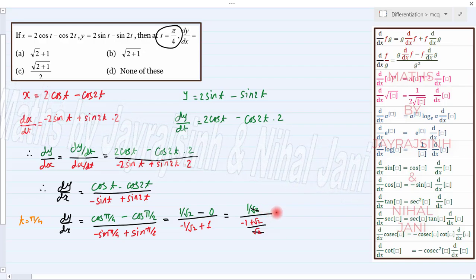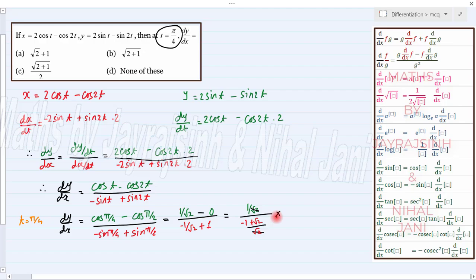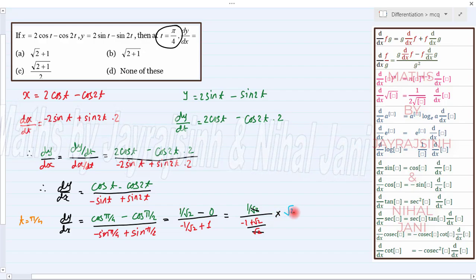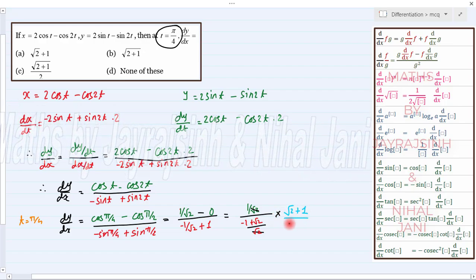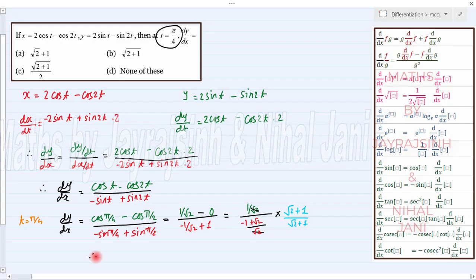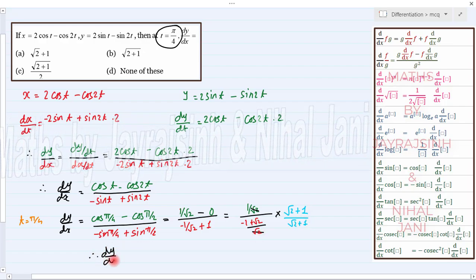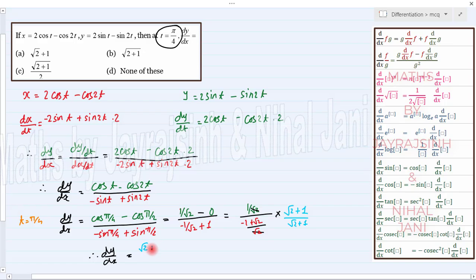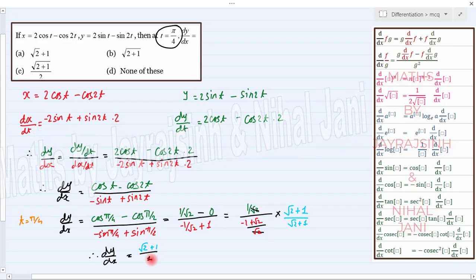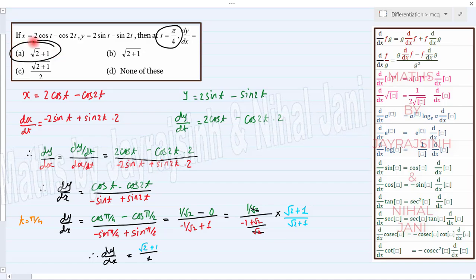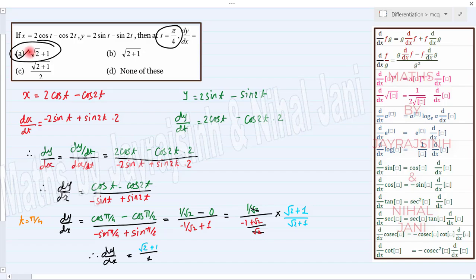And to get proper answer, we have to multiply and divide its conjugate, which is root 2 plus 1. So finally, your dy by dx will be root 2 plus 1 upon 2 minus 1, which will be 1. So option A is the final answer. Ta-da!